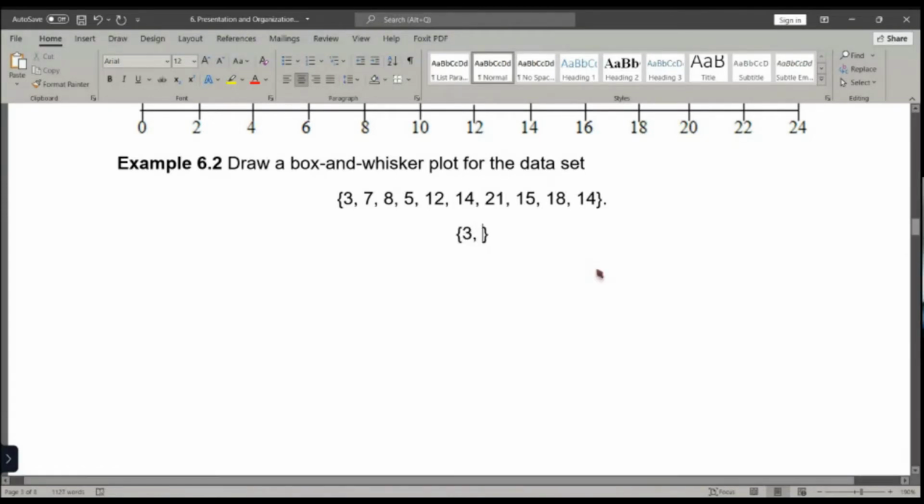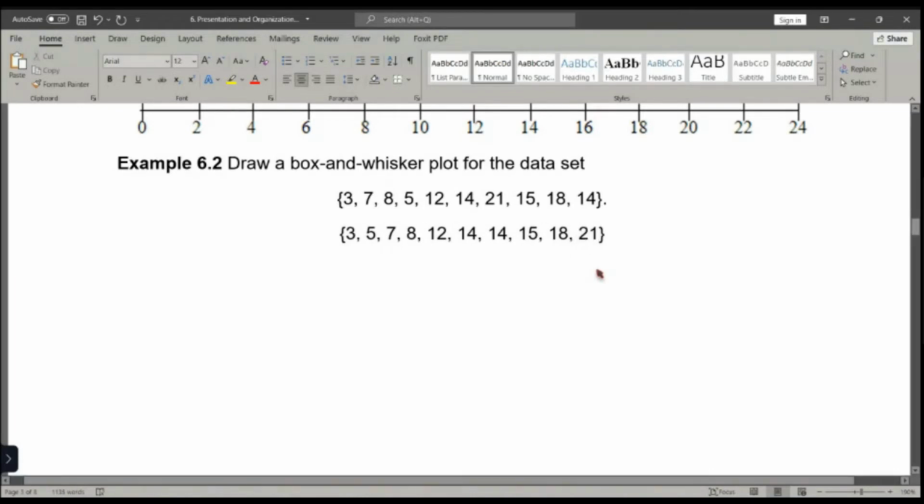Next. 5 po. 7, 8 po. 12, 14 po, sir. 15, 18, 21 po.